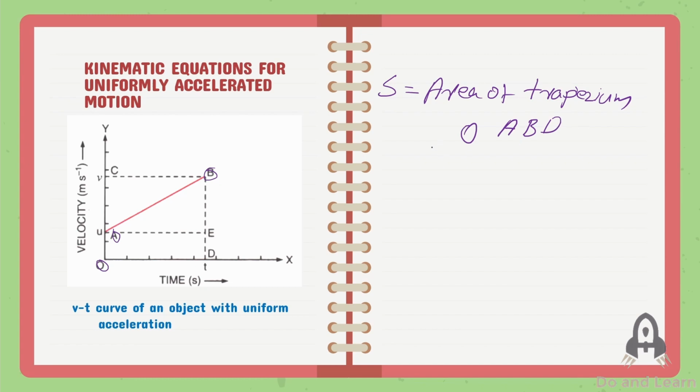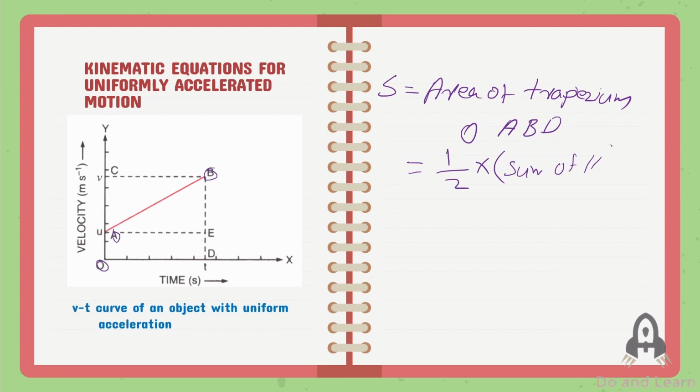Previously we considered this as one triangle and one rectangle. In this case we will consider it as a trapezium. We have the formula for the area of a trapezium: half into the sum of parallel sides.